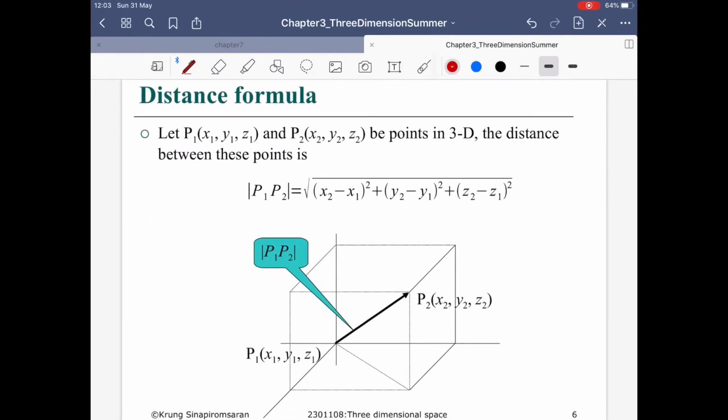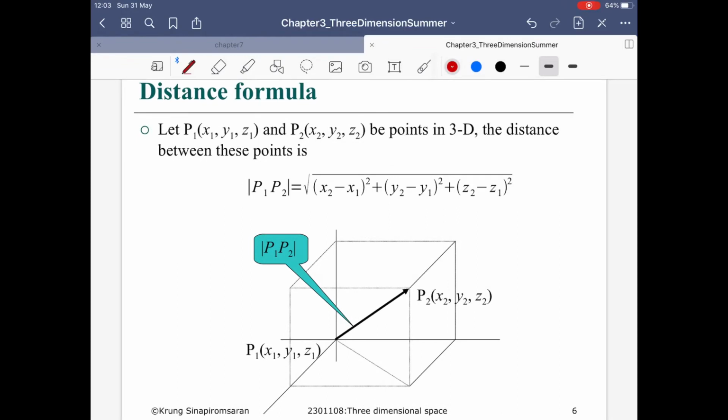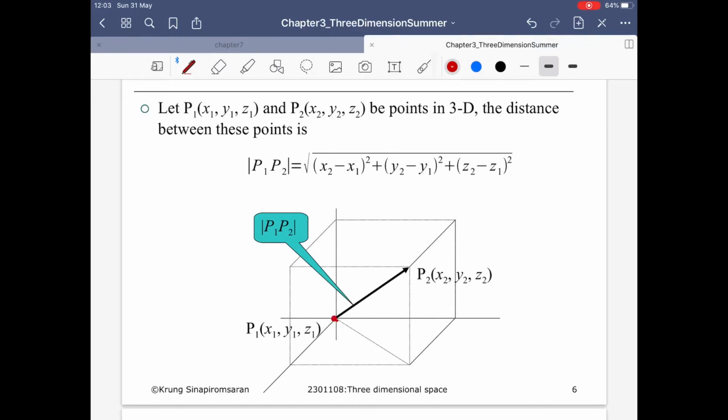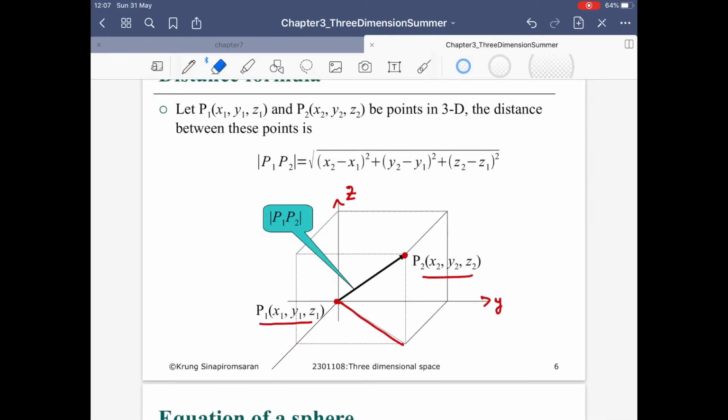Now the one that you are going to need is a distance formula, and the distance formula is simply using the Pythagorean theorem, okay. So for example, if this one is the point x1 y1 z1, and this one is the point x2 y2 z2, now what we can find is this diagonal on the floor first, okay.